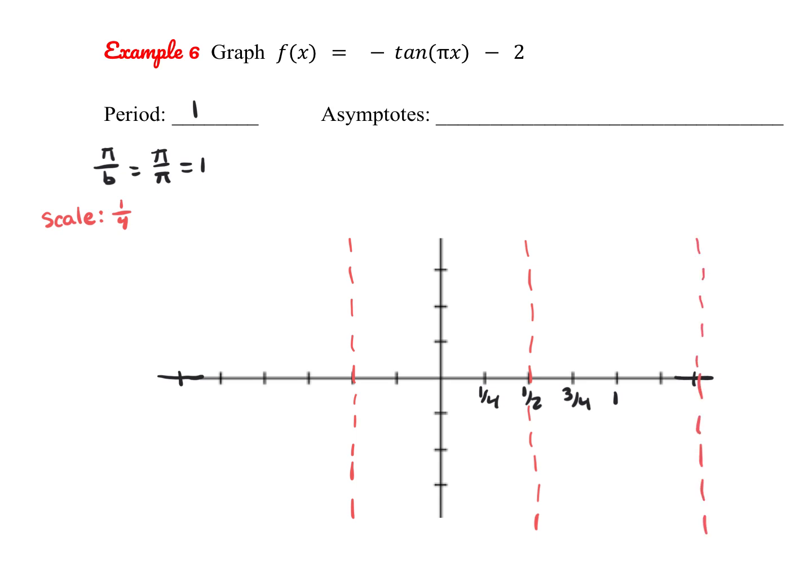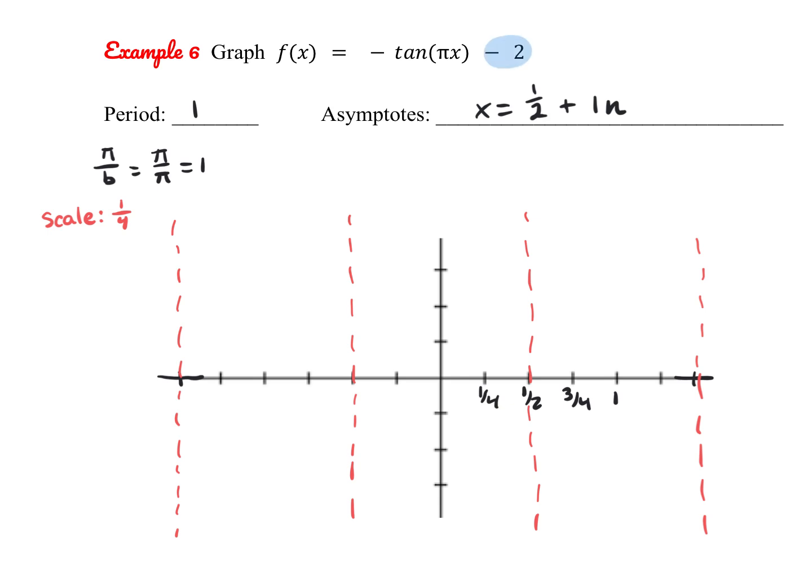And I know that there will be an asymptote every period. Okay, so I've taken care of this. Let's write the asymptote equation. One is at x equals 1/2, and then it repeats every 1 times n, or you could just say plus n.